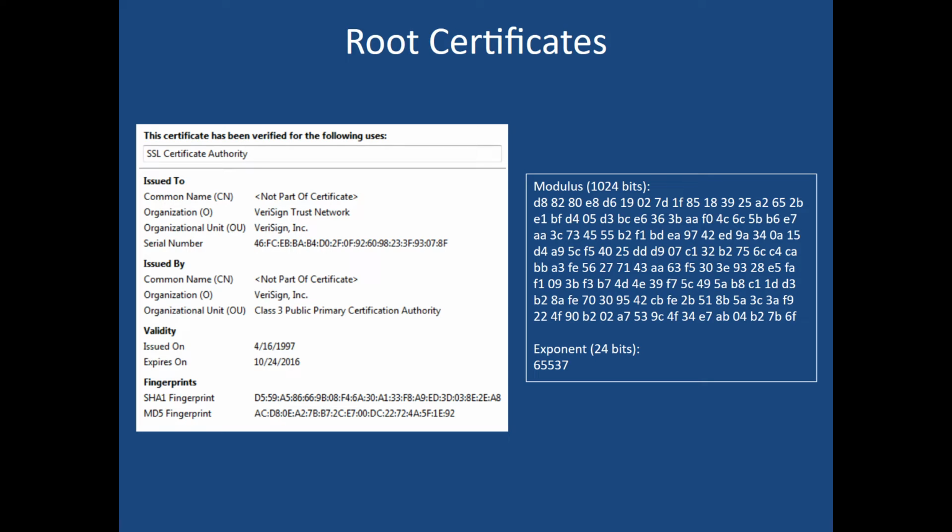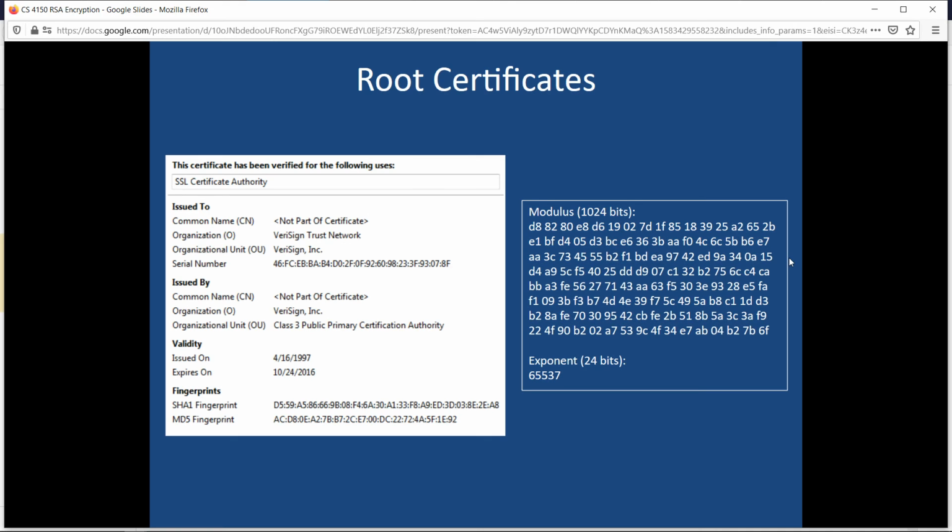There's the actual modulus, and this is the public exponent. So the public exponent is supposed to be a small integer. In their case, they don't use truly tiny integers. They don't use 2-bit integers. They use 16-bit integers.